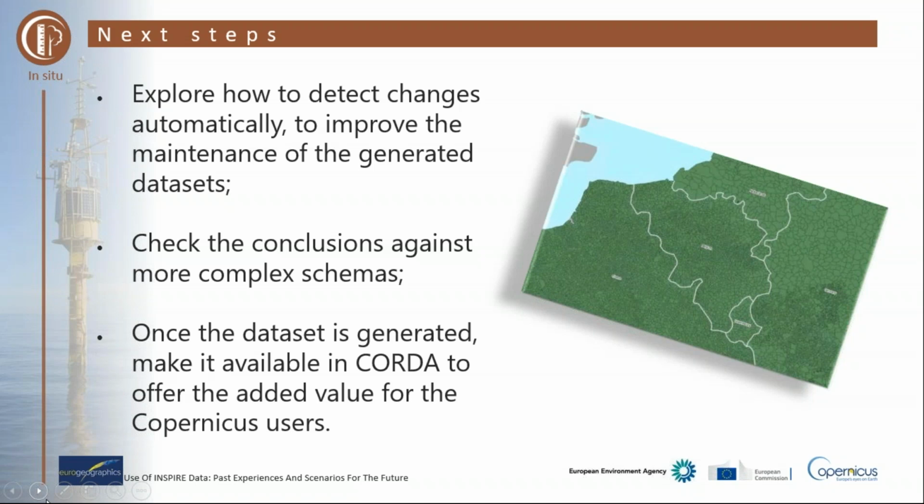Let me start in another place. When we do this work, of course, I also talk to my colleagues at the European Environment Agency about how they use INSPIRE, and whether these data can be of use to them. But here, what we talk about is a Copernicus use case.